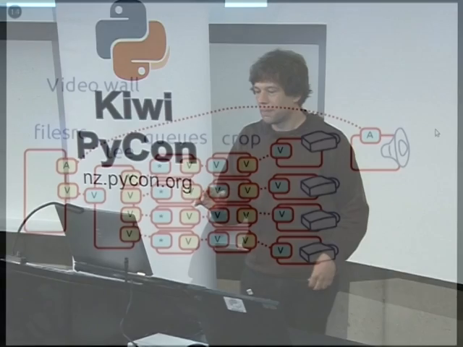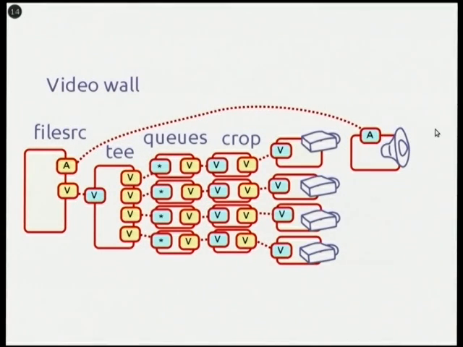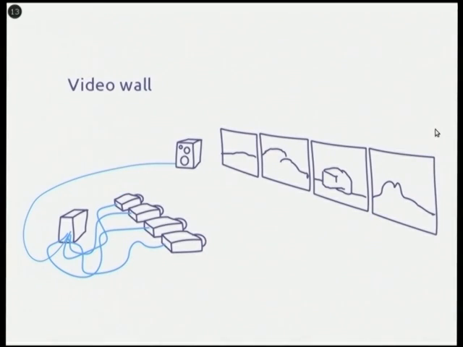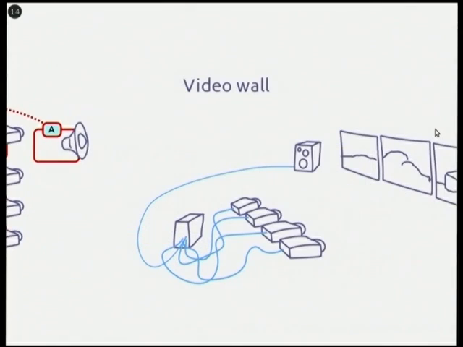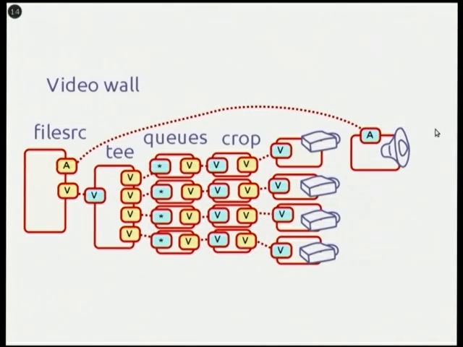So with Gstreamer, one way to do this is you start off with a video. You make a video file that is big enough to hold your 4 pictures, and then you read it and split that video stream. I've missed out a step, the decoding.